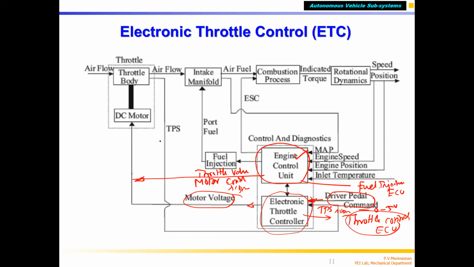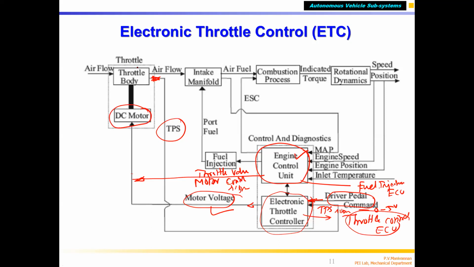Here you can see this is the TPS. When the driver demands, the TPS signal gives the actual number of degrees the throttle is open. The control signal is read by the electronic control throttle, and the appropriate motor control voltage is generated and given to the motor connected to the throttle body.